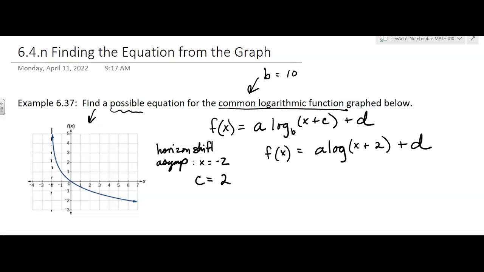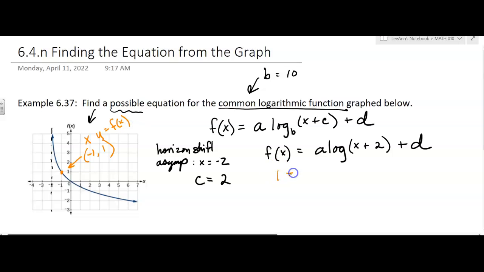The point that we're going to use is this point right here, and that point is -1, 1. So in other words, if we put in a -1 for x, we're going to get f of x, or y, to be 1.